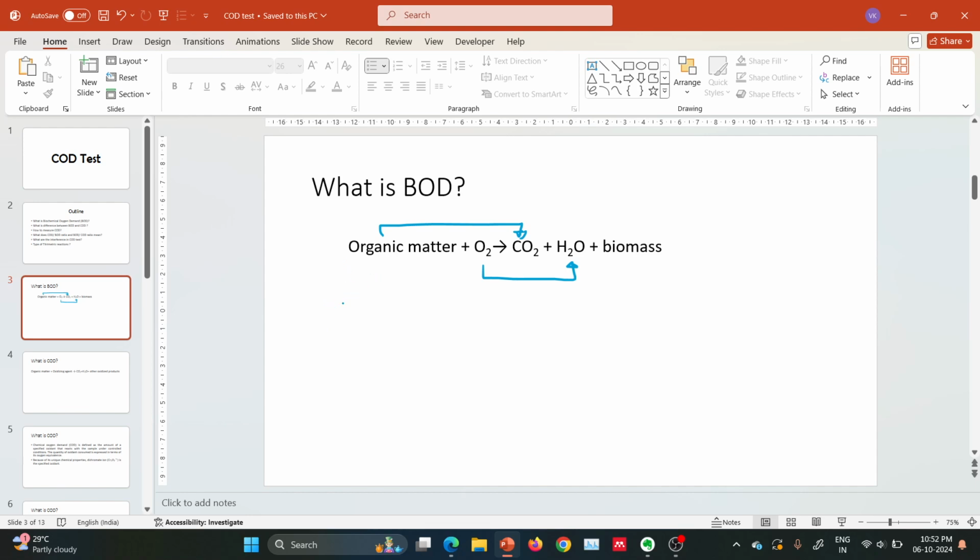This is biodegradable organic matter, which is oxidized to carbon dioxide, and oxygen is reduced to water. Because the microbes utilize the organic matter, as a product we get biomass, meaning microbes here.